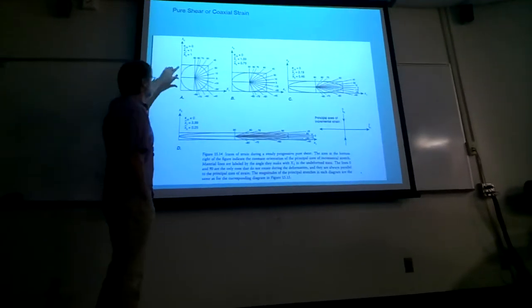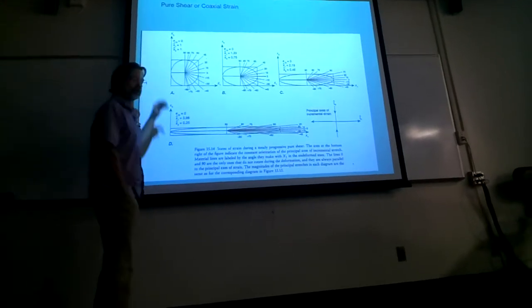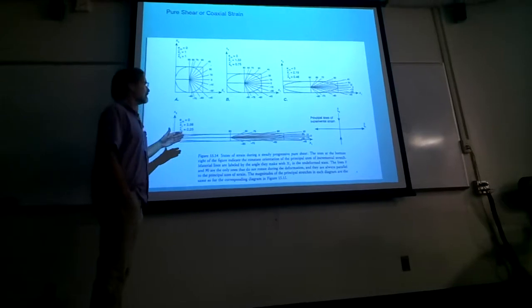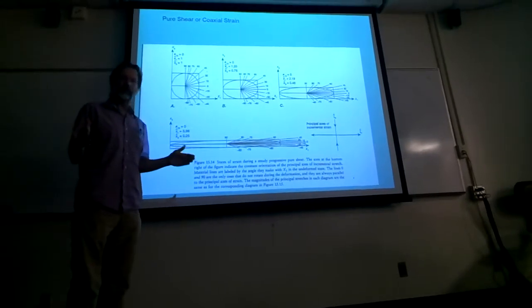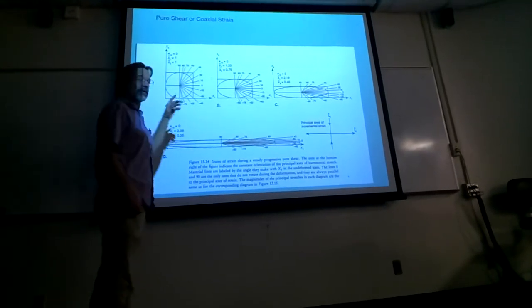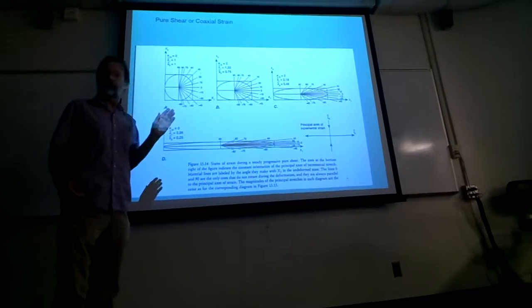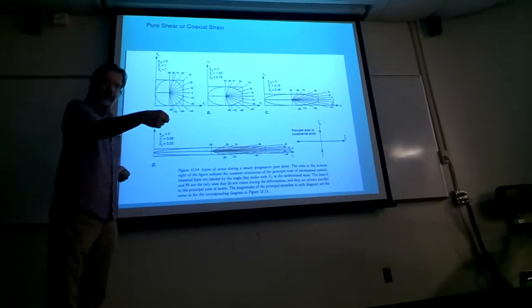Wikipedia is great sometimes. The main point of this diagram, though, is to illustrate the effects of progressive strain in this particular end member characterization of strain, which is often referred to as pure shear or coaxial strain. It's what you would first think about in terms of distorting something. You push on one end and you pull it in the other direction.